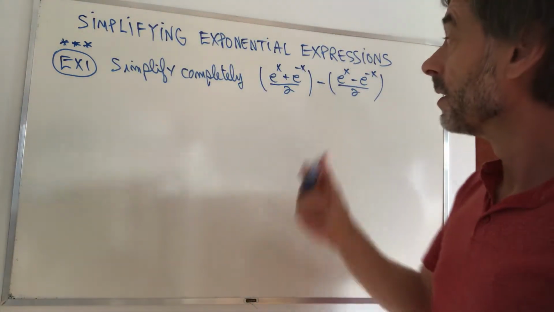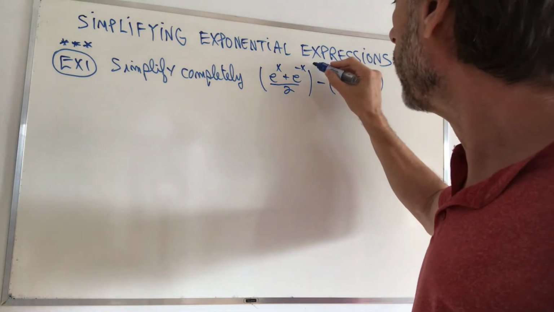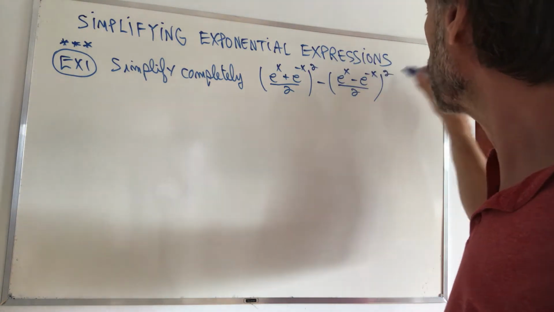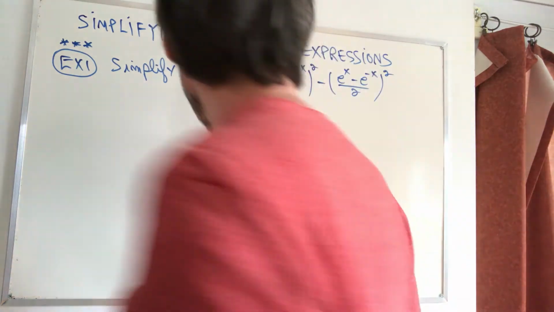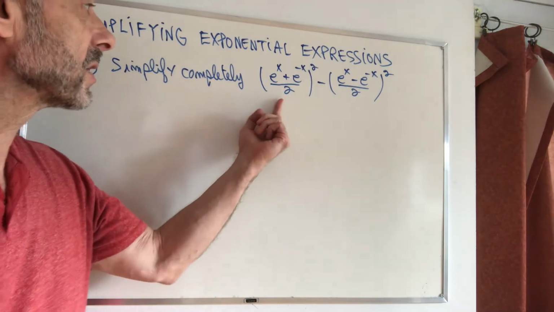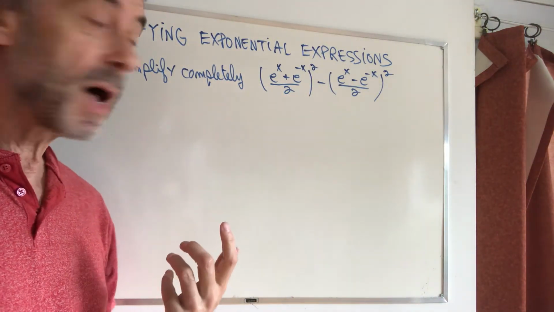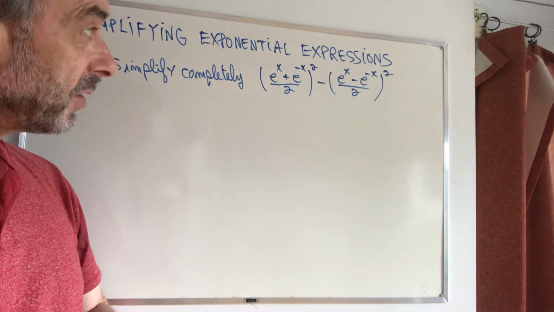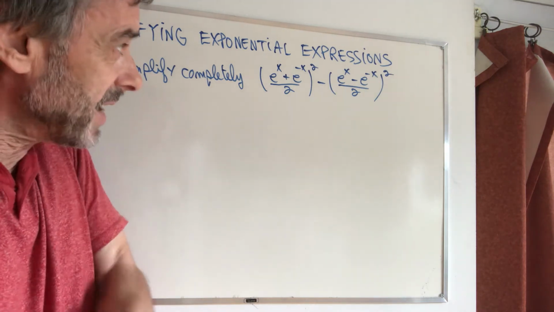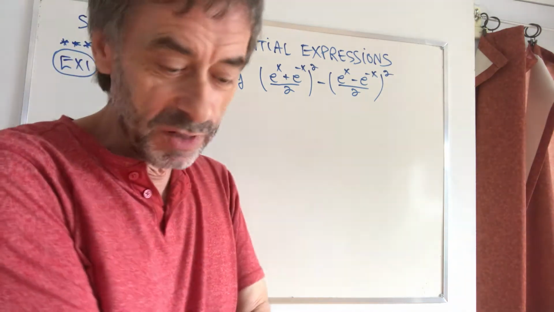All right, so I believe there's a square here, and I believe there's a square there as well that I forgot. So this is a fairly intricate expression that certainly can use our TLC, tender loving care, to simplify.